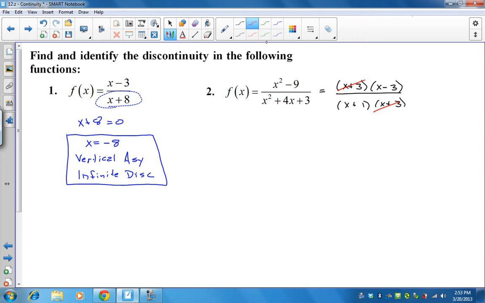If something cancels, that factor creates a hole. Whatever canceled makes a hole in the graph. So I will have a hole, or a removable discontinuity, wherever x plus 3 is equal to 0. So I will subtract 3 from both sides, and x equals negative 3 is a hole, or you can call it a removable discontinuity.